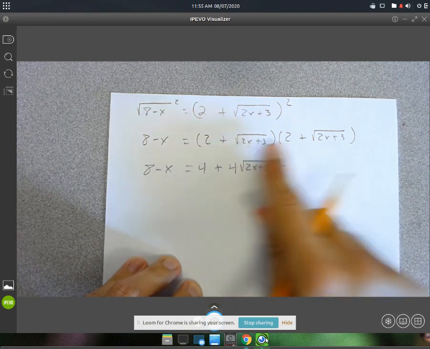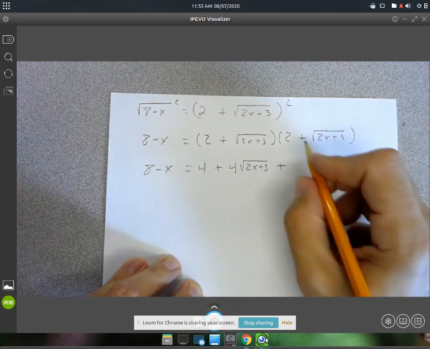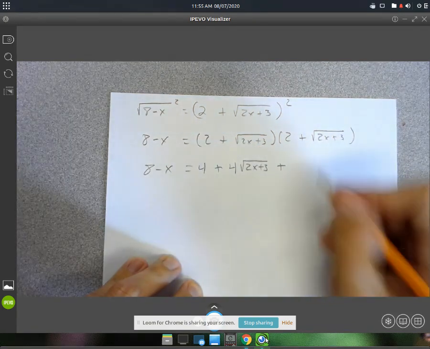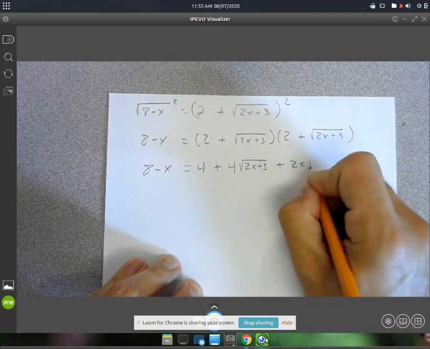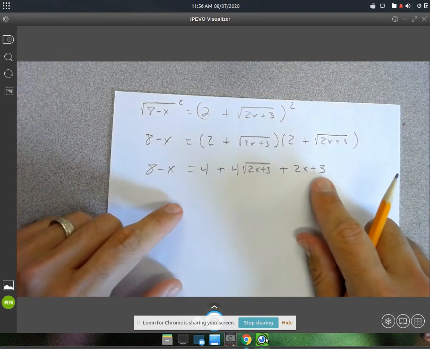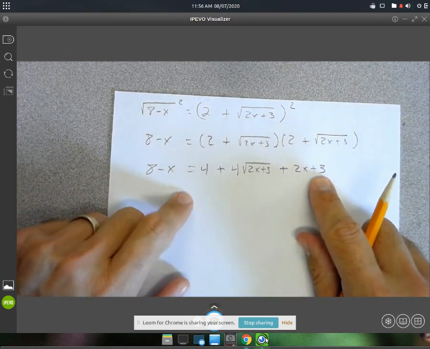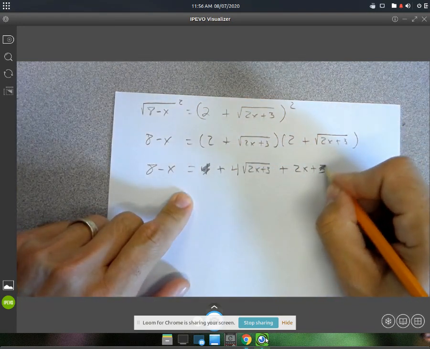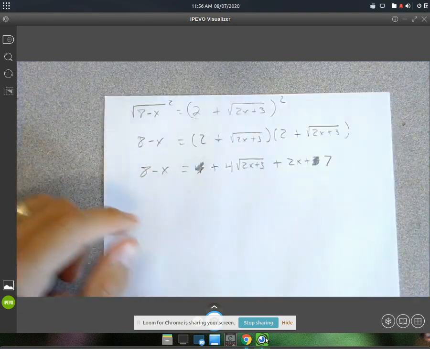Root 2x plus 3 times itself. So that just gives us 2x plus 3. All right. Let's see again, the 4 and the 3, we can just call that a 7. So plus 7.